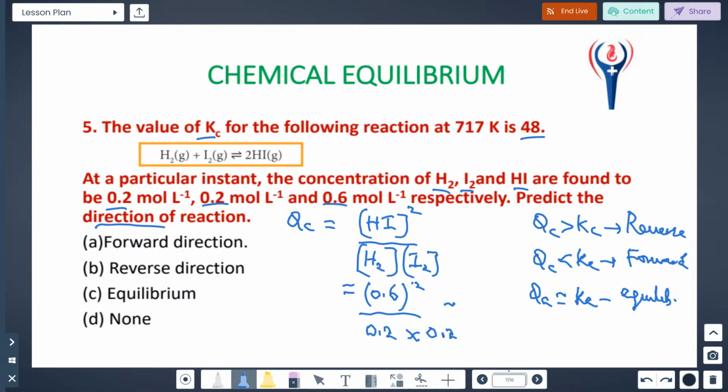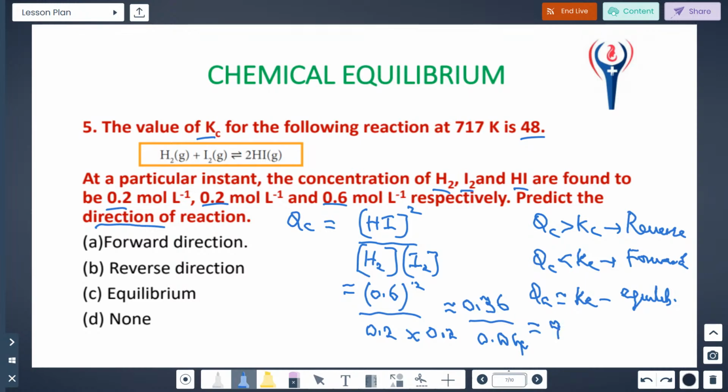That's all. Now you simplify. This is 0.6 into 0.6, which is 0.36. And 0.2 into 0.2 is 0.04. Multiply both sides by 100. What happened? 36 by 4. We get the answer 9.